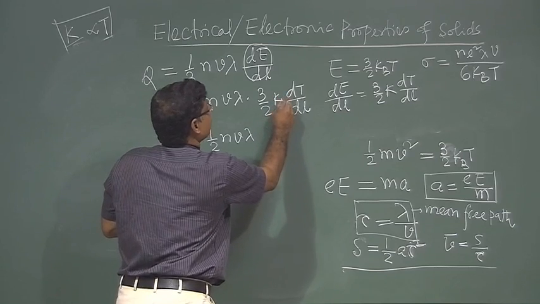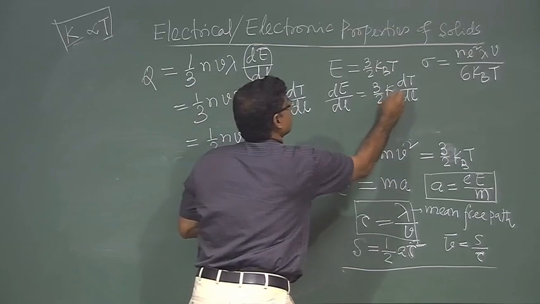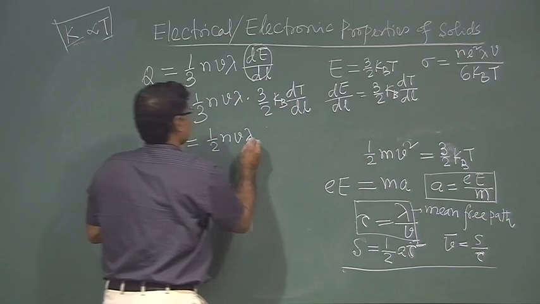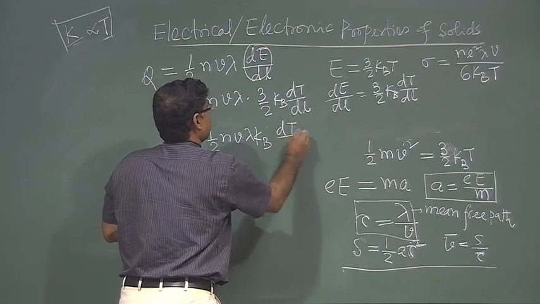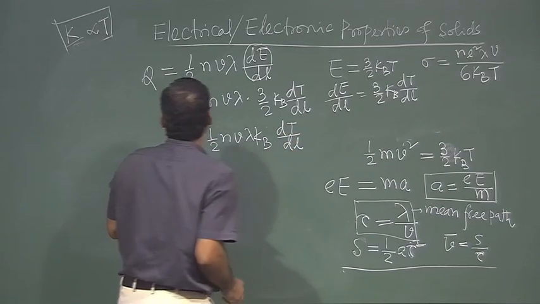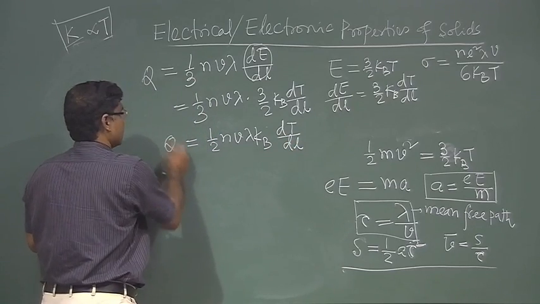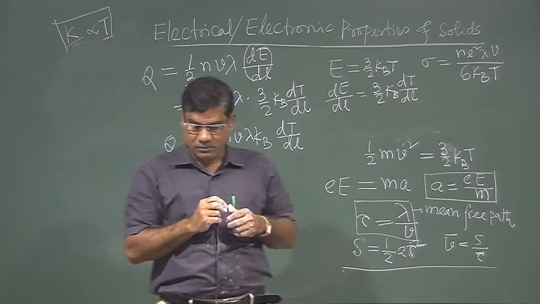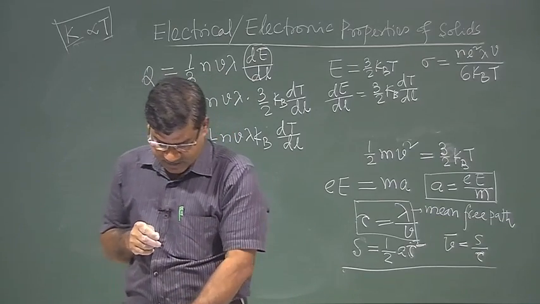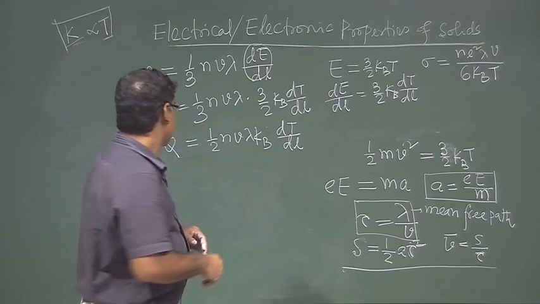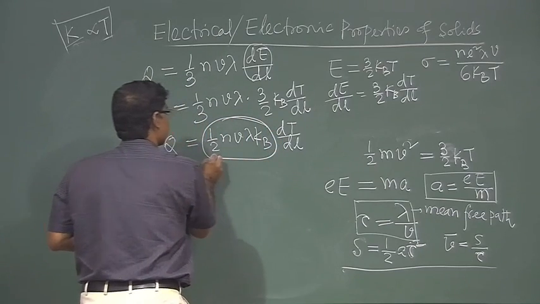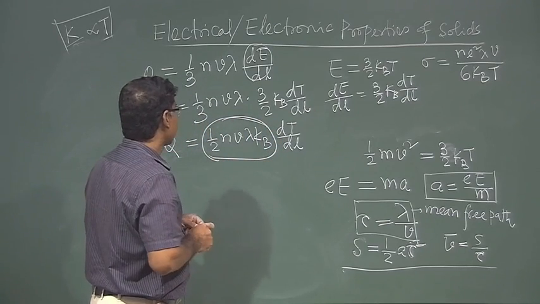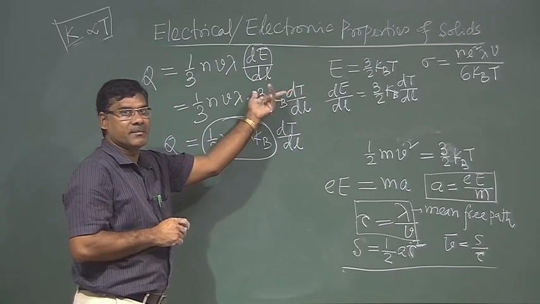This is kB, earlier I have used kB. Now this one can write is a constant term for a particular metal.